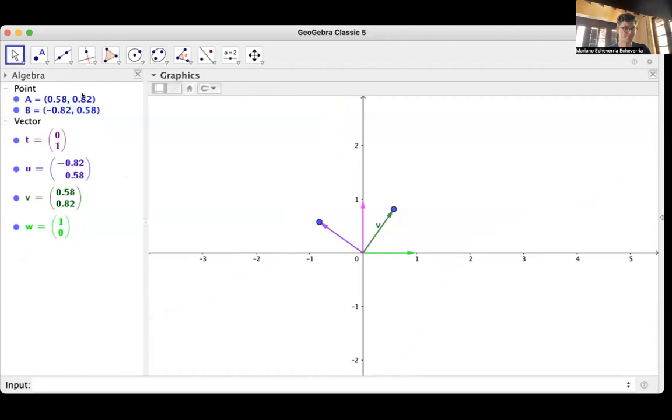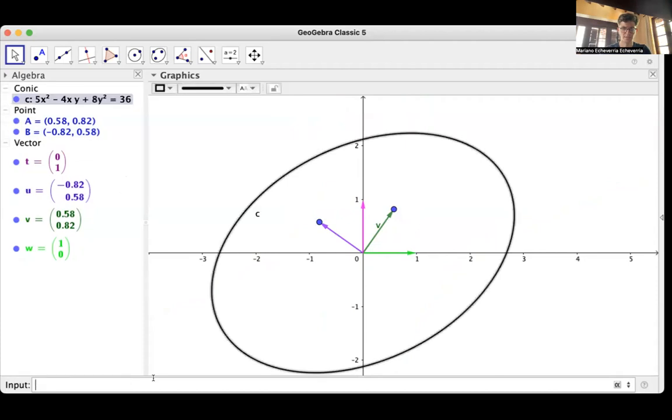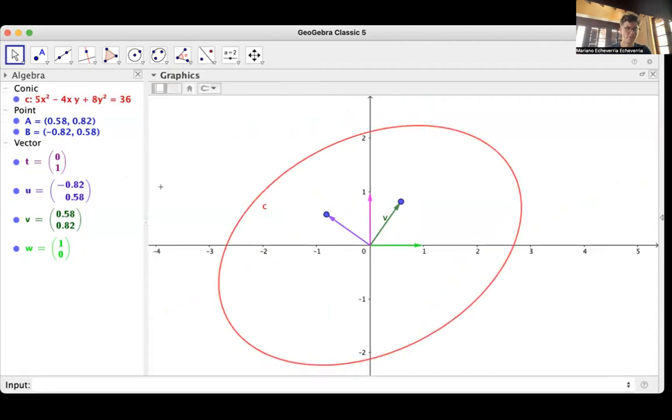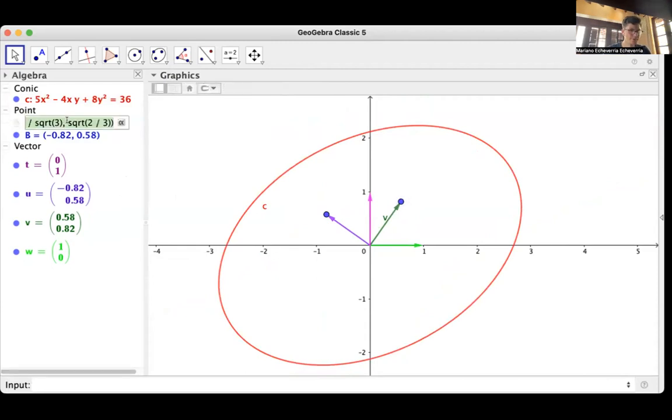So let me see if I can show you how this equation looks. It was 5x squared minus 4xy plus 8y squared equals 36. Okay, so this is how this one looks. And then the eigenvectors need to be changed a little bit. So the first column was 2 over square root of 5, and then 1 over square root of 5.